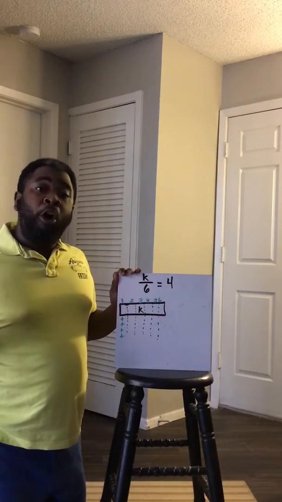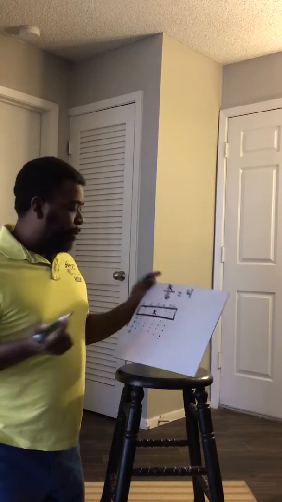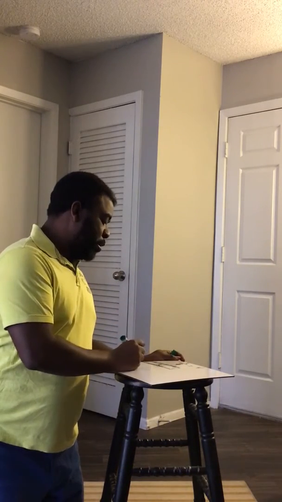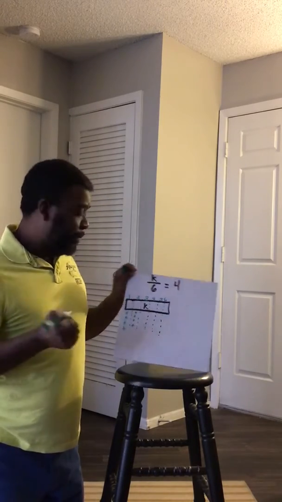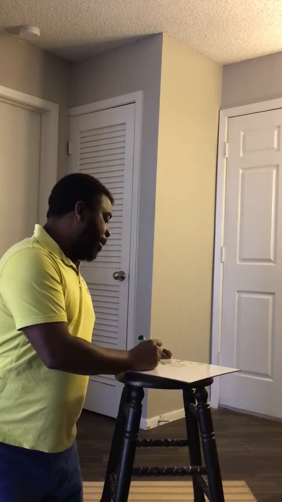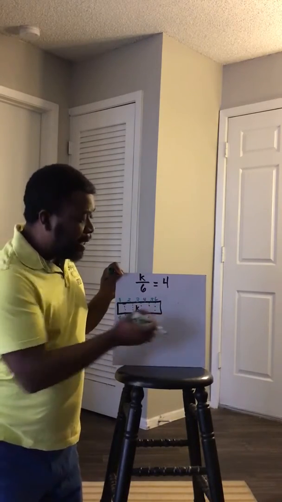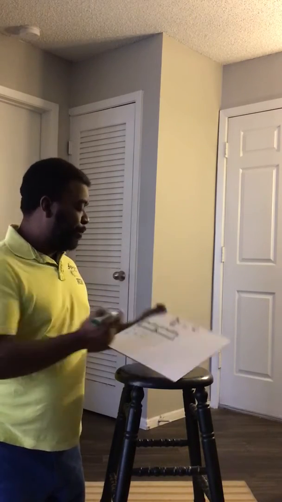So to make all of my sections equal, I need to add 4 positives in them. So I'll add 4 more positives in that section, 4 more positives in the third section, and so on until all 6 of my sections have 4 positives in them.